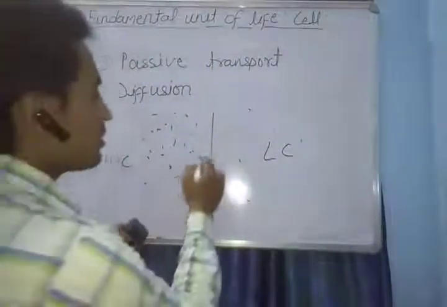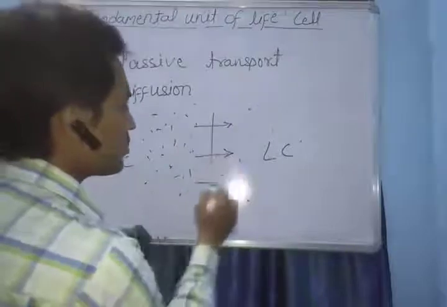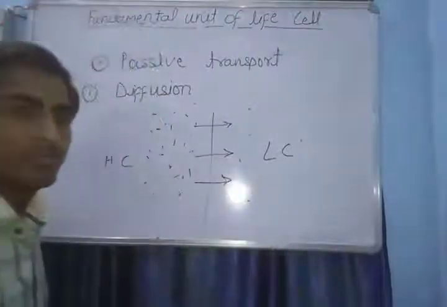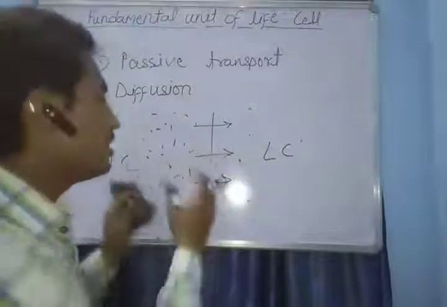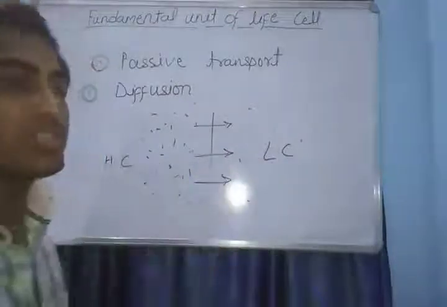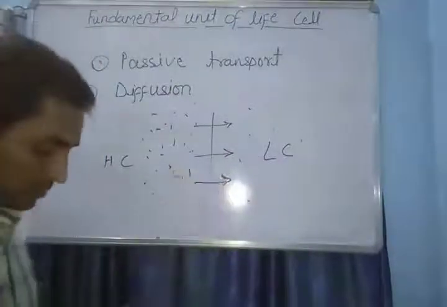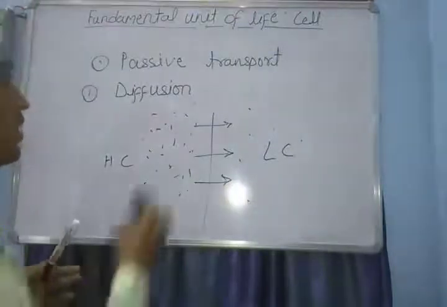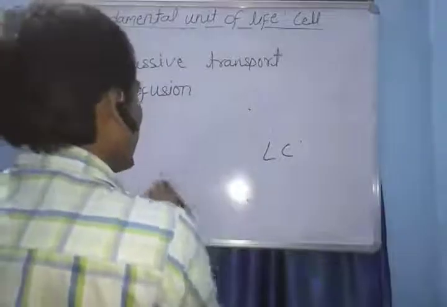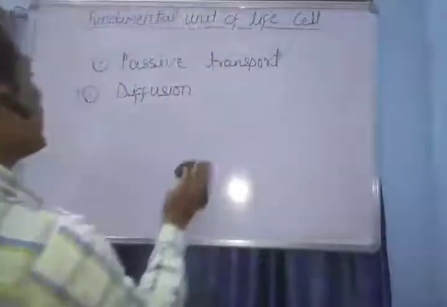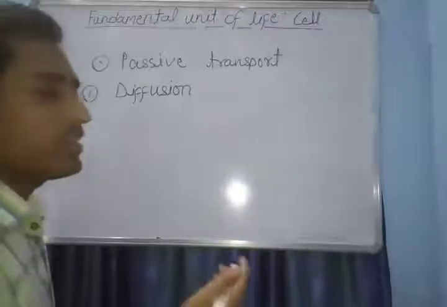Movement occurs from higher concentration to lower concentration, and it continues till equalization on both sides. So diffusion occurs in solid, liquid and gas, in all cases. Let's see examples of diffusion.